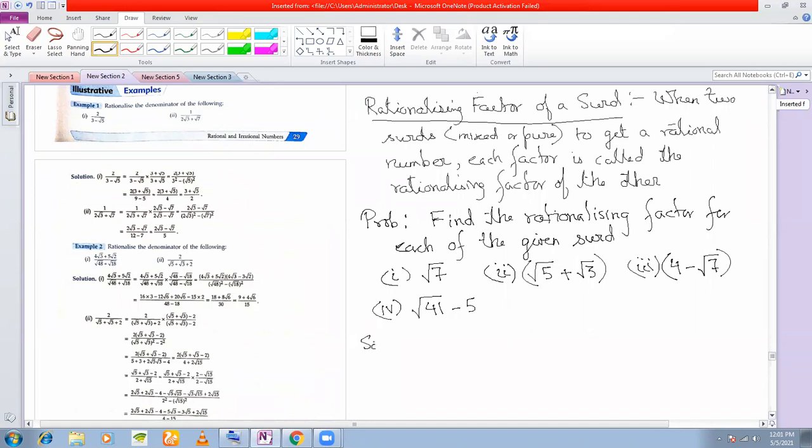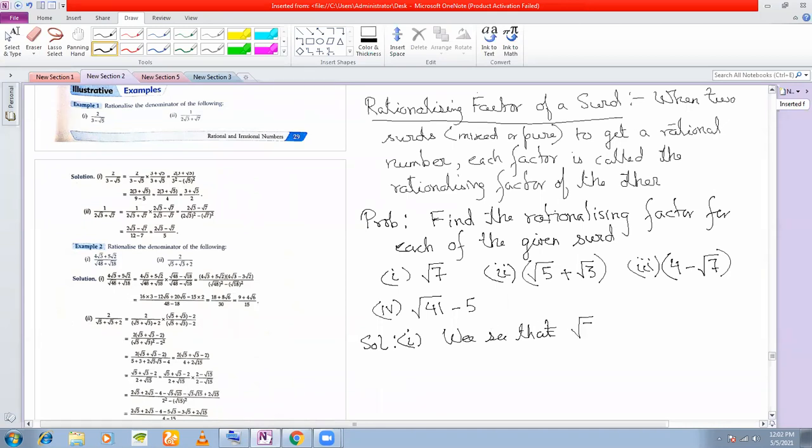Now, if you see the definition of rationalizing factor, what is the rationalizing factor? When two surds are multiplied, each one is called the rationalizing factor of the other. So if you see root 7 here, what do you multiply root 7 with to get a rational number?